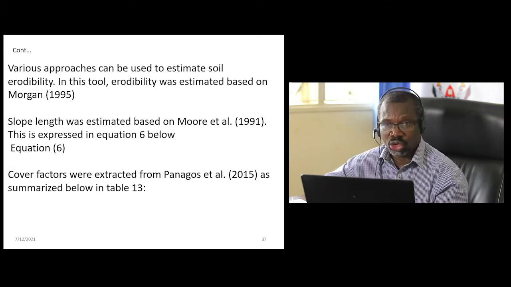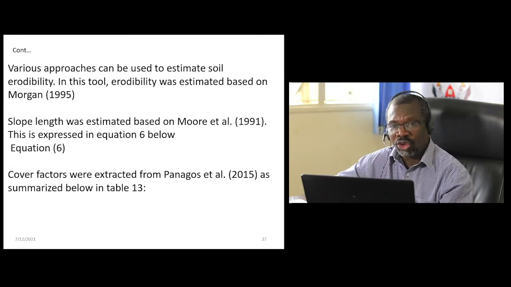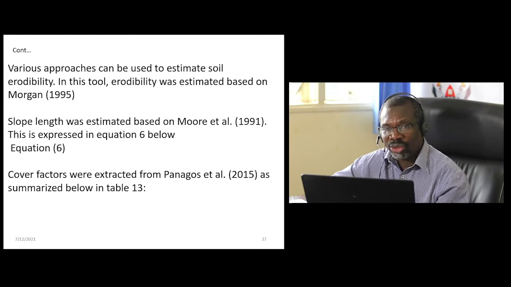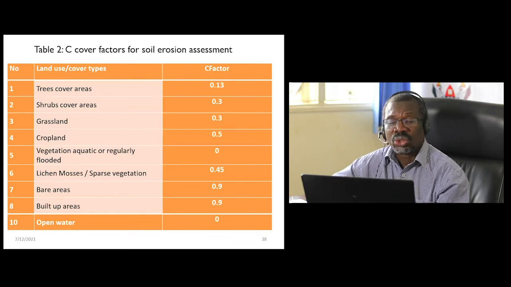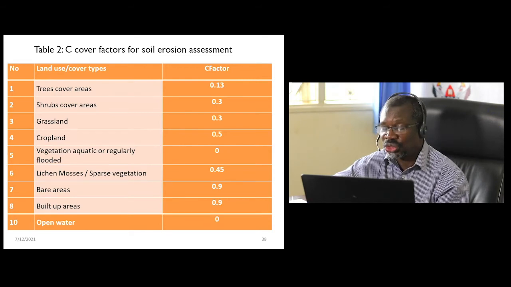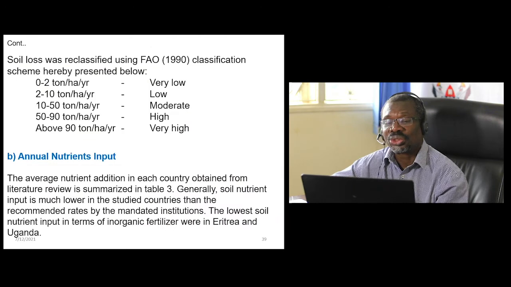Some of these values of Panagos, though developed for Europe, were very comparable to values which have been used in different models in East Africa. So those were the different values. And if you look at them with what is known for East Africa, certainly you will see a very good correspondence with what is used in most of our publications.